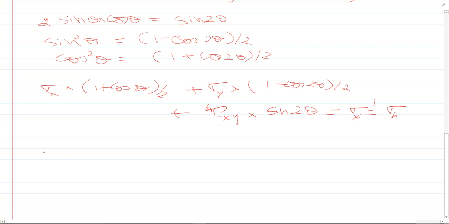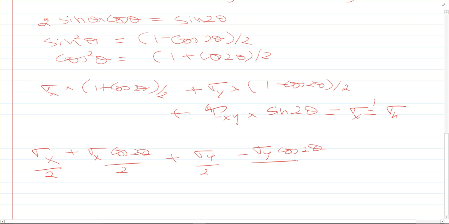So let's simplify it a little bit more. We have sigma x on 2 plus sigma x cos 2 theta on 2, plus sigma y on 2 minus sigma y cos 2 theta on 2, plus tau xy sine 2 theta, equal to sigma n.